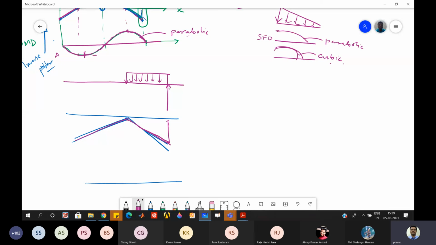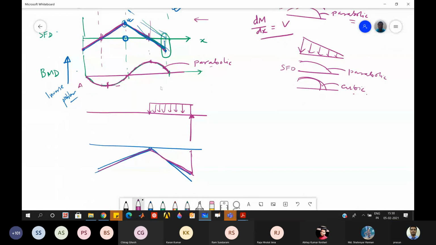So you will have a higher force here, and then you have reached here, and then probably you are coming to 0, because it has to satisfy the equilibrium condition.